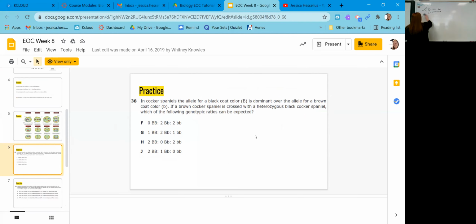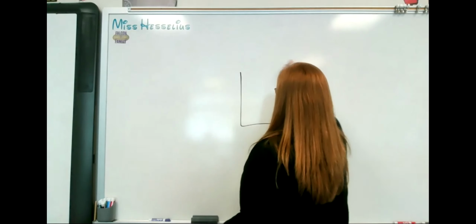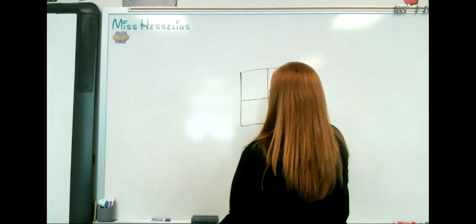You guys have 4 hours to take this test, and it's more than enough time. So never feel like you have to rush because you have plenty of time. So I recommend always filling out a Punnett square, even if you think you're sure. So what we're gonna do, we're crossing a brown Cocker Spaniel and a heterozygous black Cocker Spaniel. Hetero means different.